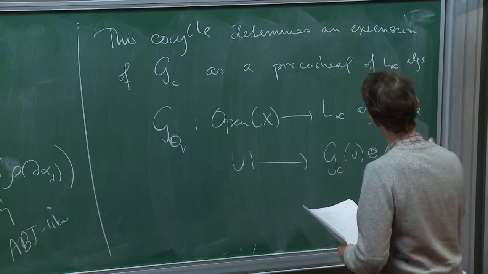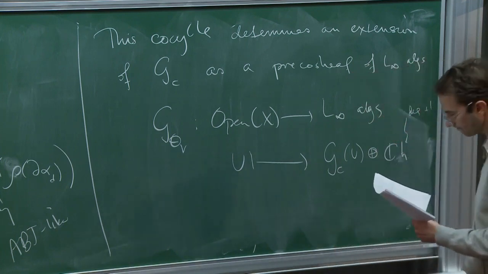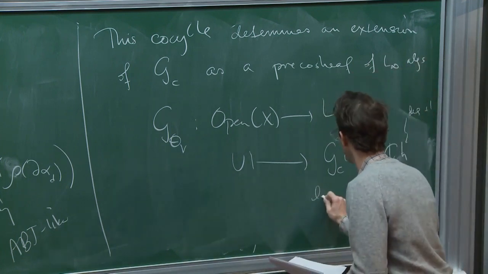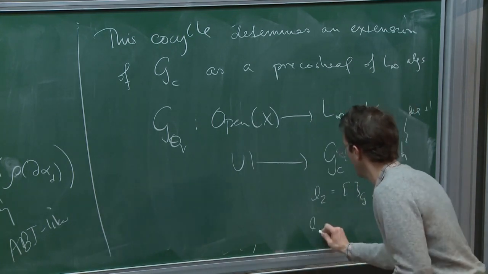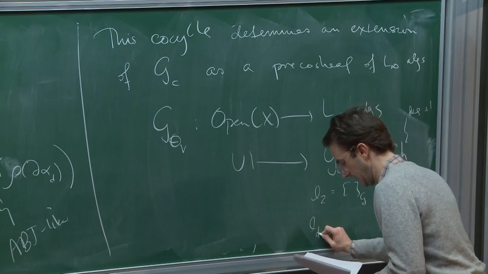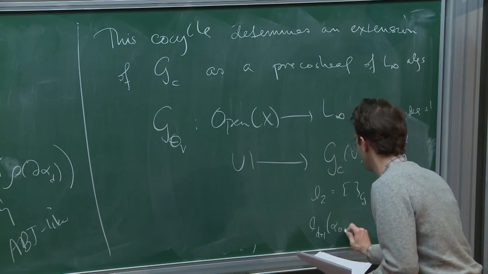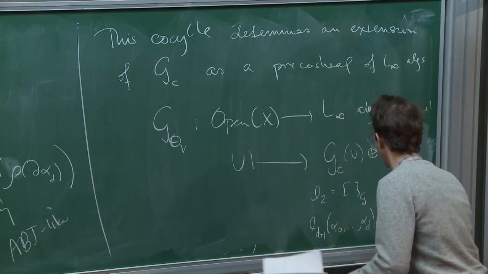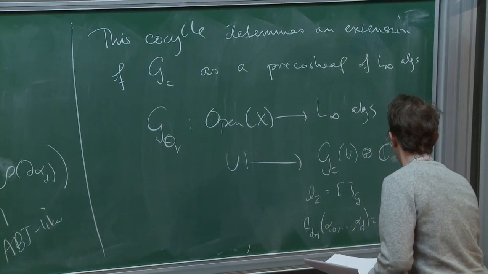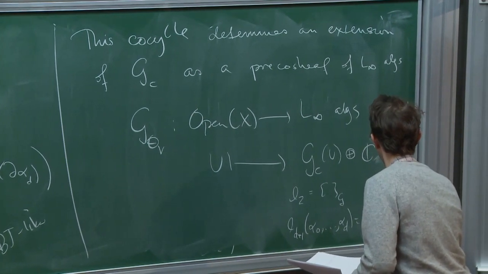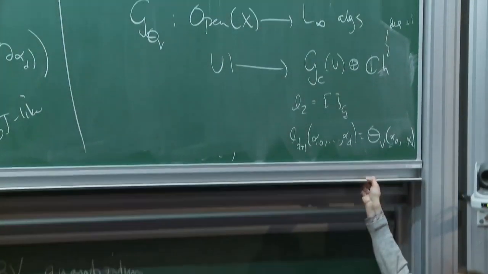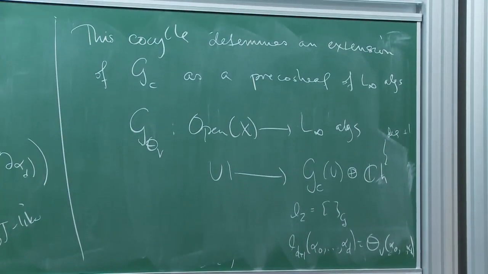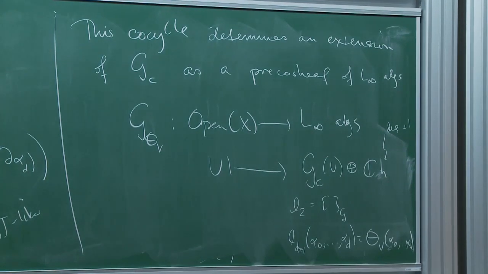Here, h bar has degree +1. It has the same L2, the bracket on g, but L_{d+1} takes as inputs exactly this cocycle, so it's theta. So this cocycle determines an L infinity extension. And now this new L infinity algebra is quantum symmetries.